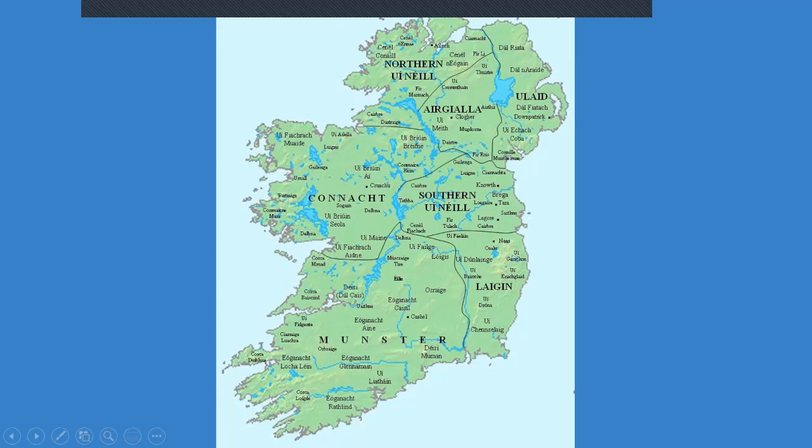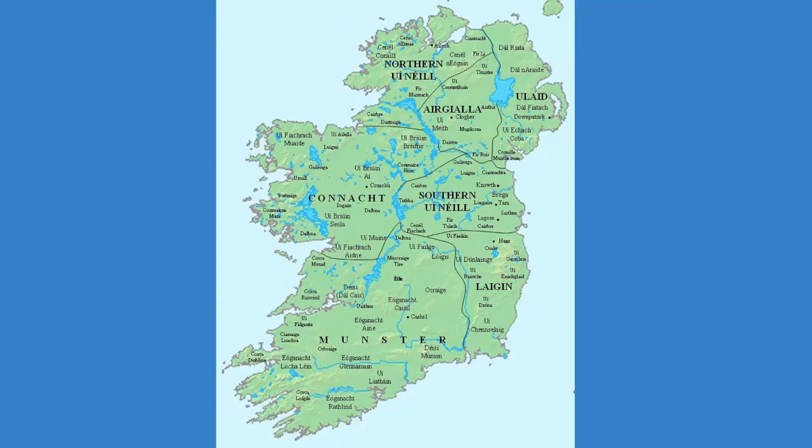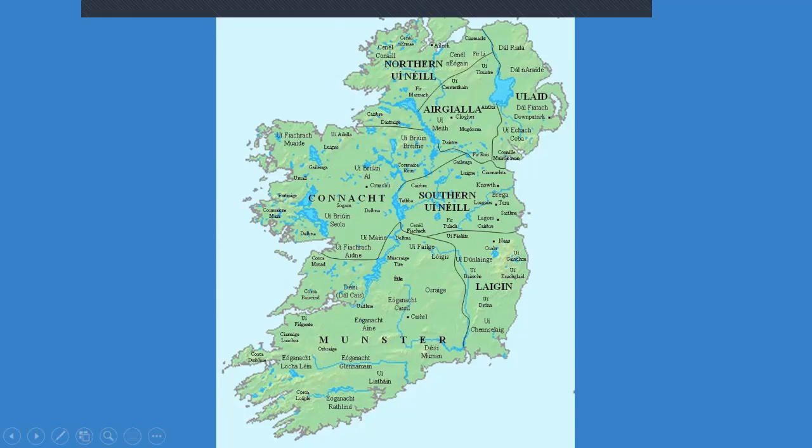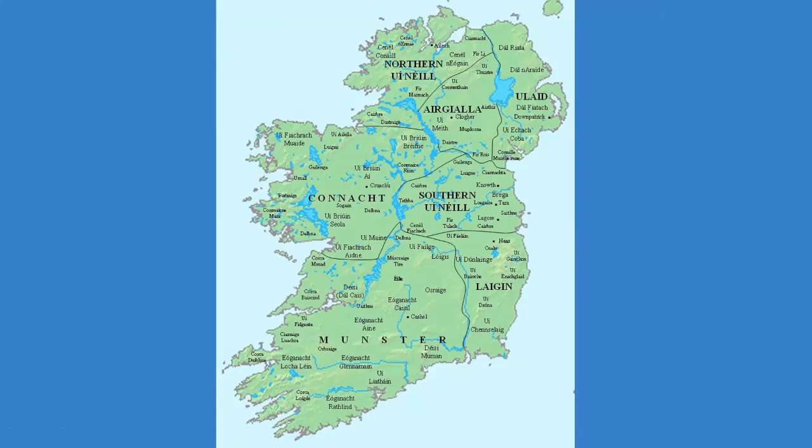The Connachta were where the Ineal had come from. They were descendants of Con of the 100 Battles. That's why it's called the Connacht. And the Ineal were the descendants of Niall of the 9 Hostages, who was their founding figure. And these are dynastic groups, as I say.